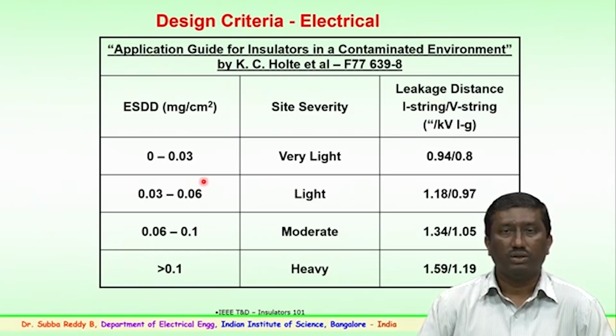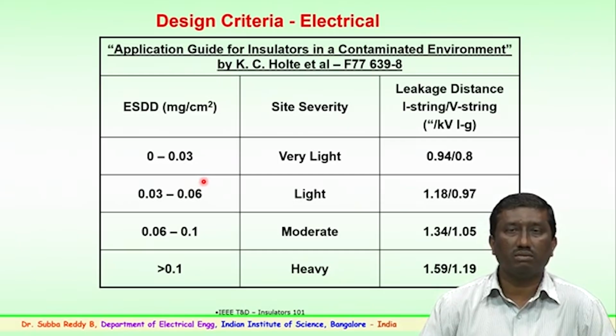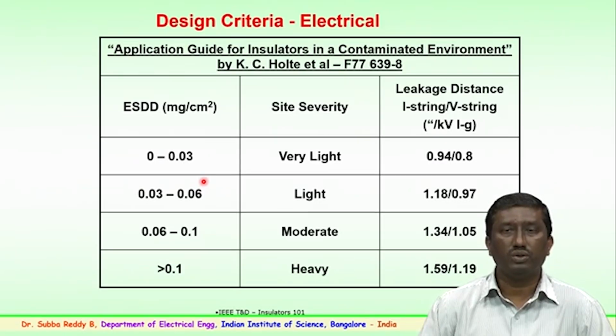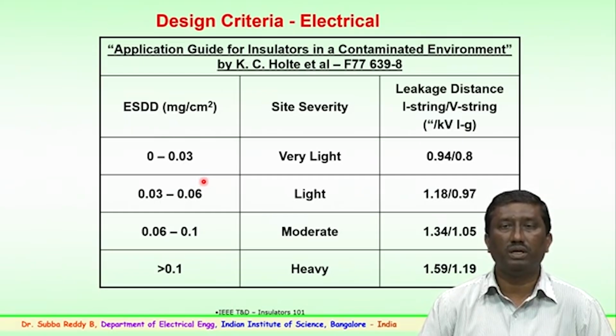How is it calculated? Normally the insulator is left in the field for a certain period of time based on the site severity, whether the area is a light, moderate or heavily polluted zone. After that period the insulator is taken out, and the contaminants spread on the insulating ceramic or porcelain surface, except the cap and pin, are removed carefully with a known quantity of distilled water, and the conductivity is measured.